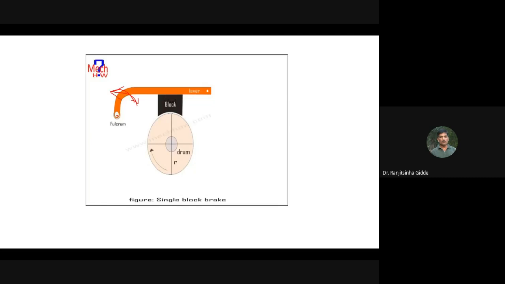Here it is fixed. And to show the contact angle, this is again 2 theta. So from this up to this is in contact with the rotating drum. This is the single block brake.